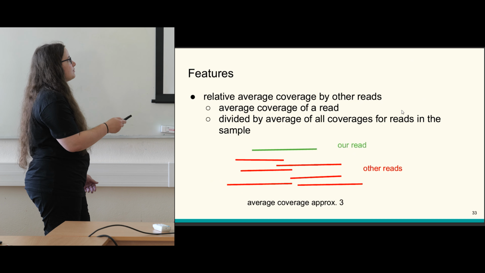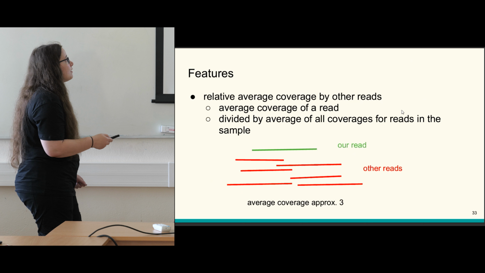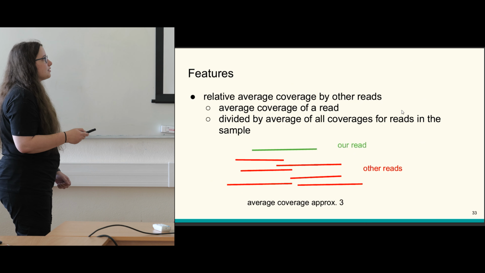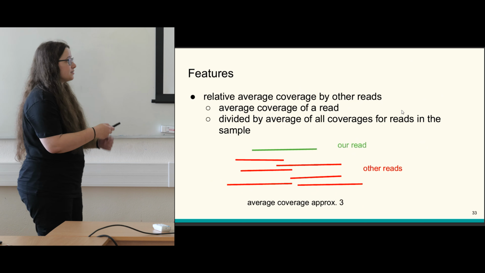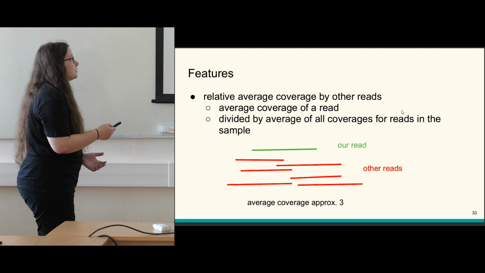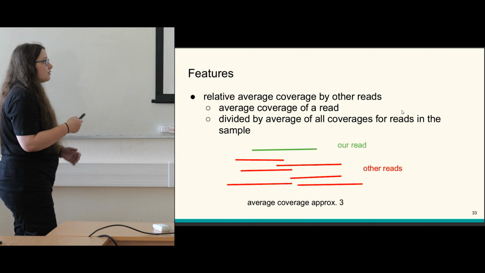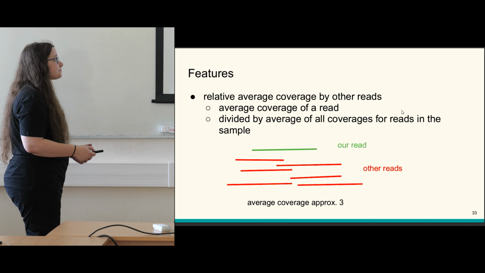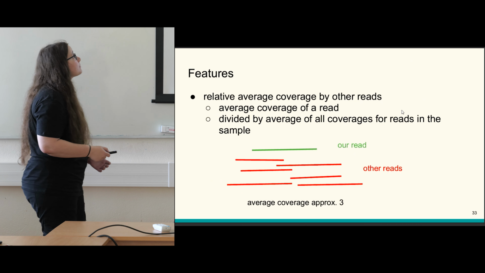And then we take the average of all the positions in the read. So for this example, we would get an average coverage of approximately 3. But since the coverages for samples are different, and we have multiple sequencing samples from multiple sequencing experiments, we further divide this value by the average of all coverages for reads in the sample. So we somehow normalize this value.